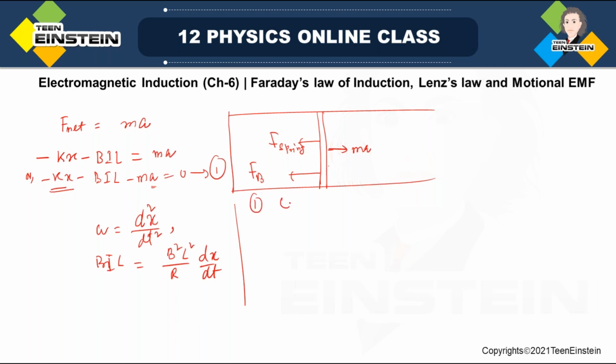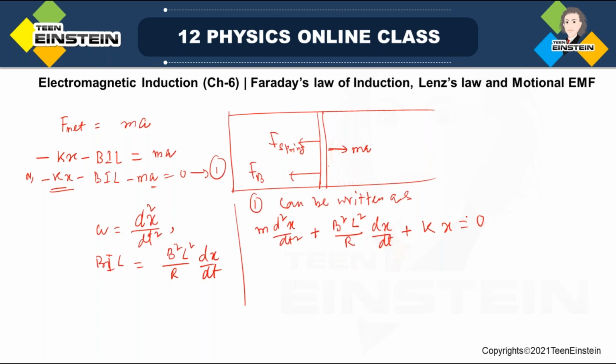So equation 1 can be written as m d2x by dt square, taking minus common, plus B square L square by R dx dt, then plus k into x is equal to 0.